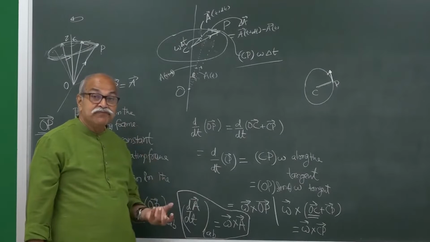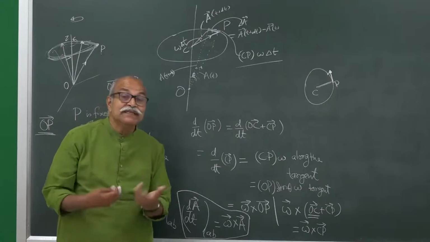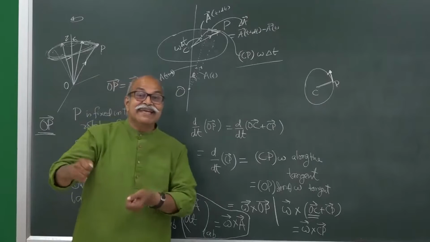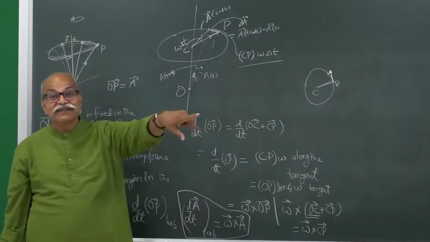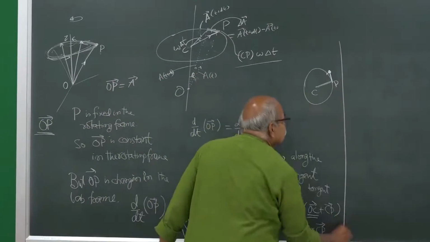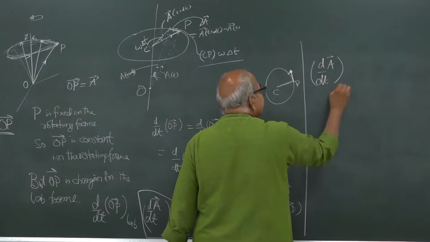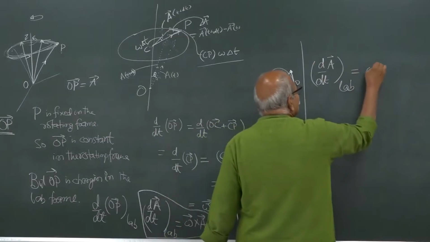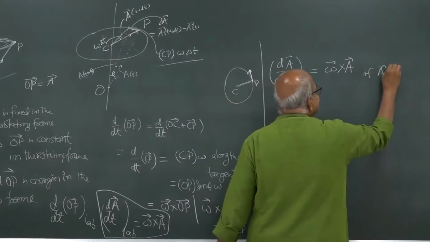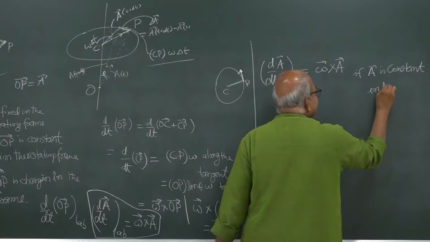But if the particle also moves in the rotating frame, this A vector is not a constant vector, this A vector is changing with time even in the rotating frame, then what will happen? You will have to add that term, that is all. dA/dt in the lab frame is equal to omega cross A if A is constant in the rotating frame.